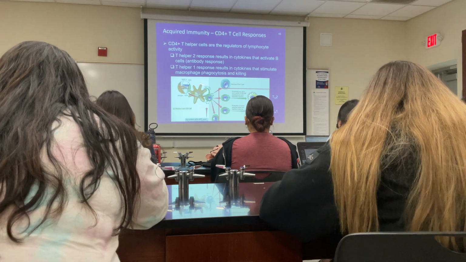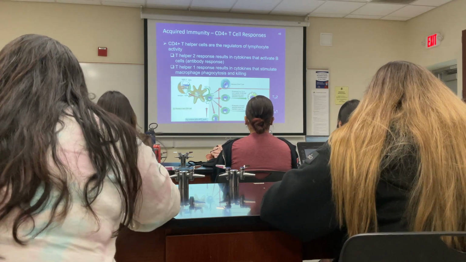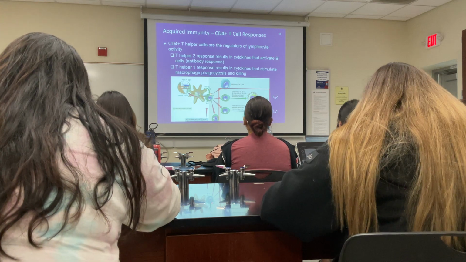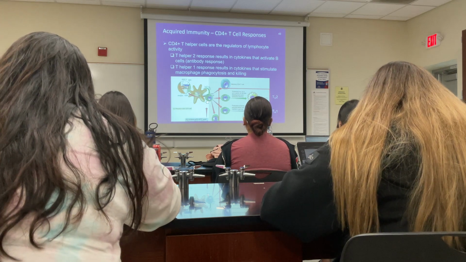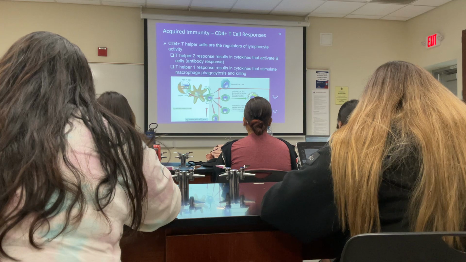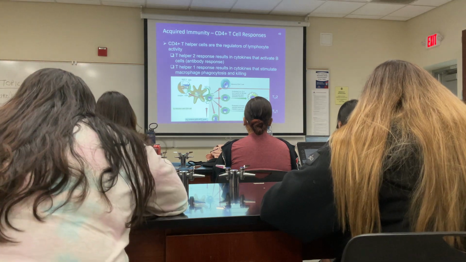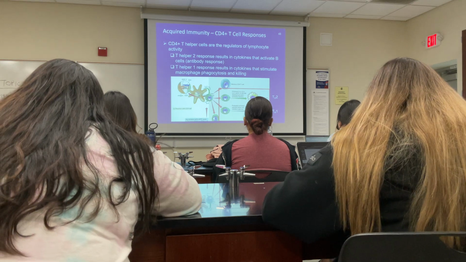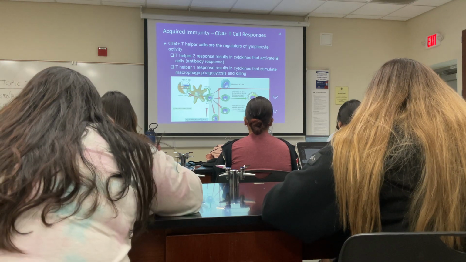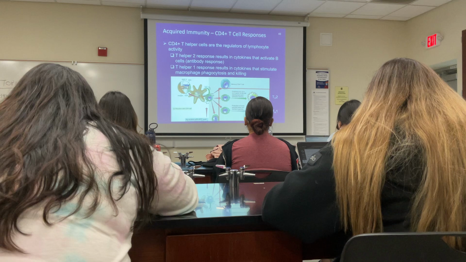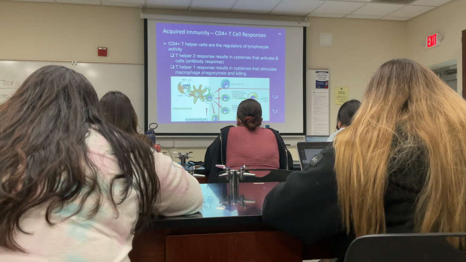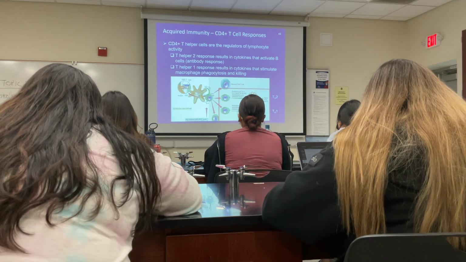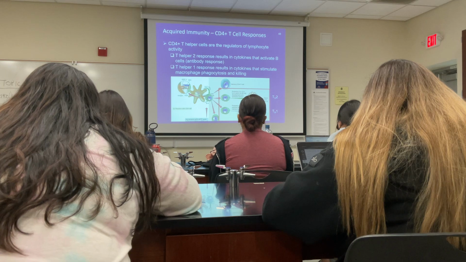T helper 1 response, on the other hand, is if this T helper cell realizes based on this signaling that, oh, whatever the pathogen is, it's an intracellular thing, like a virus that's already infected cells, an intracellular bacterium, maybe a cell has become cancerous and cancer is starting to spread throughout the body. So in that case, producing antibodies is useless. The problem is inside the cell.